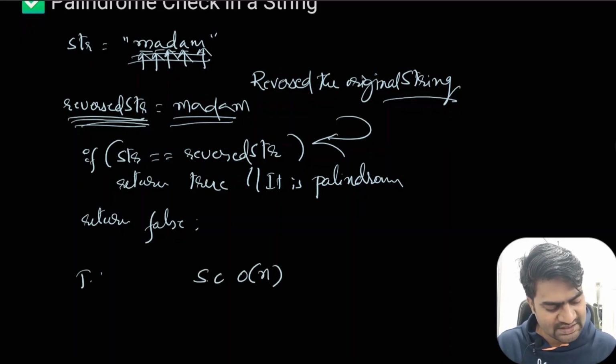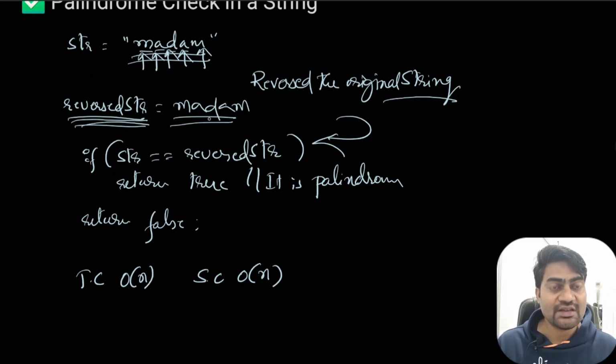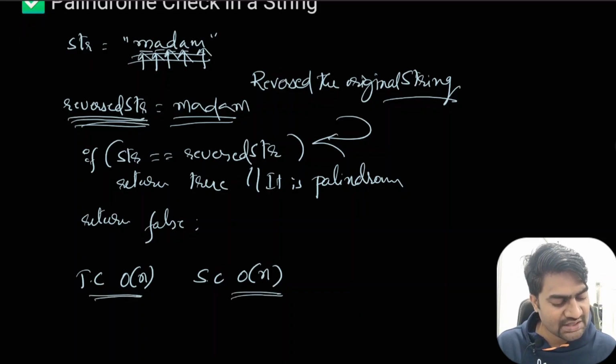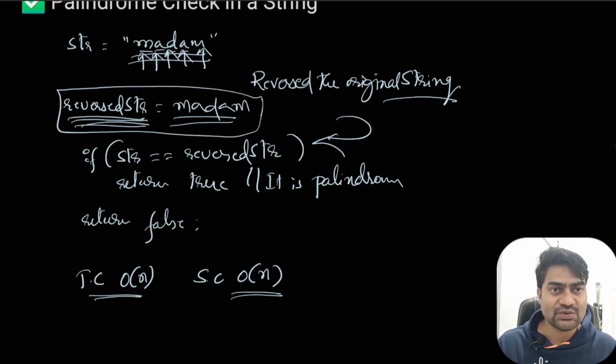And time complexity is of order n, because we take the entire string and then we travel through it. That's why time complexity is of order n, and space complexity is of order n, because we are using this extra space to store the reversed string.